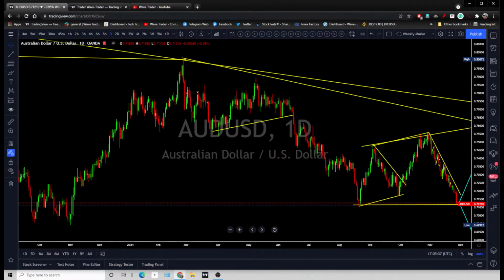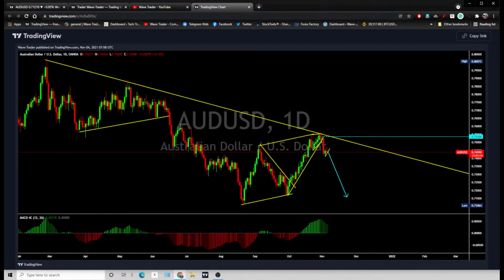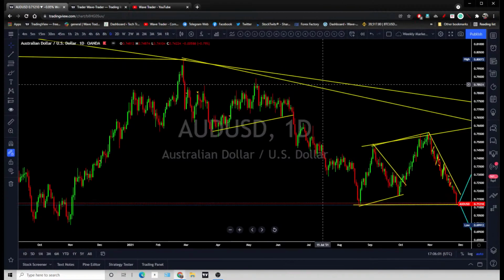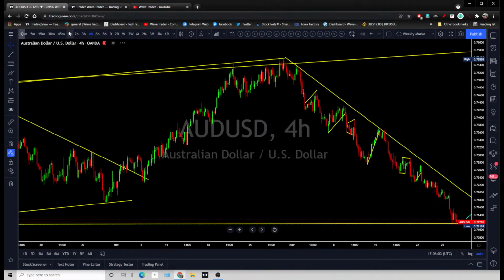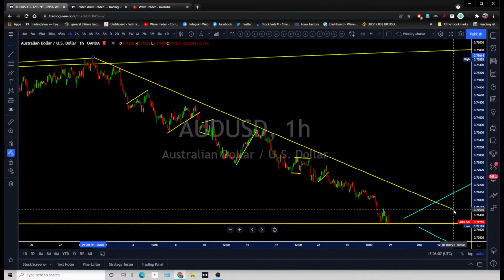Continuation move happened over there on the daily time frame. The daily time frame chart, I have already shared on Telegram. So let me bring that daily chart again so that you guys can get the idea what has happened over there. So this wave is completed now, testing this previous low. So the low is being tested, and the potential is very much over there. If you were trading on it and were shorting it all the way back to that low, great, you have done excellent.